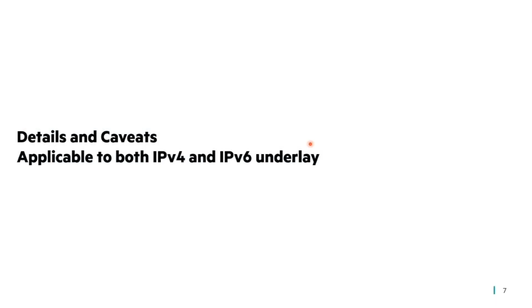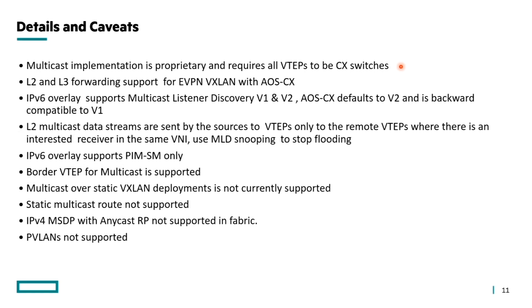So let's go across to some of the details and caveats, and these are applicable for both v4 and v6 in the underlay. The multicast implementation we have here is proprietary, and the fabric for multicast must only include CX switches for VTEPs.